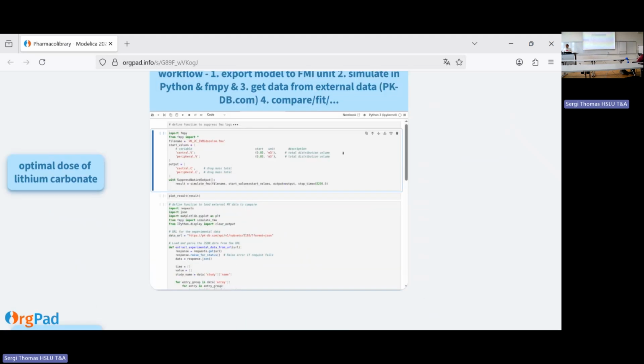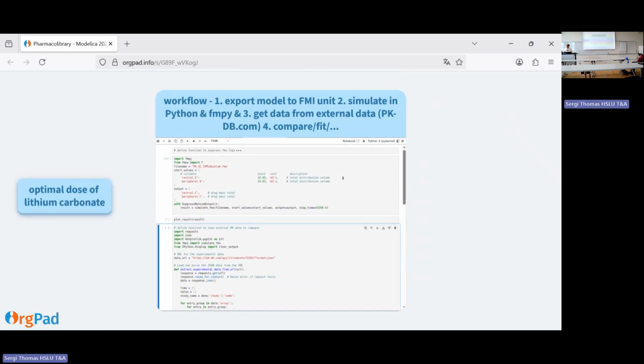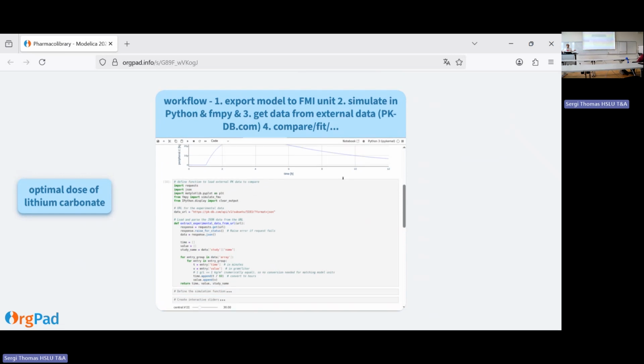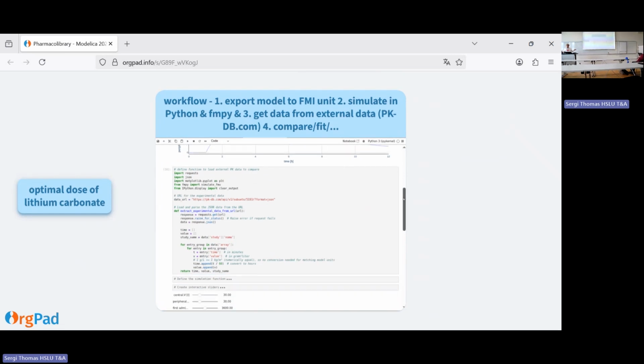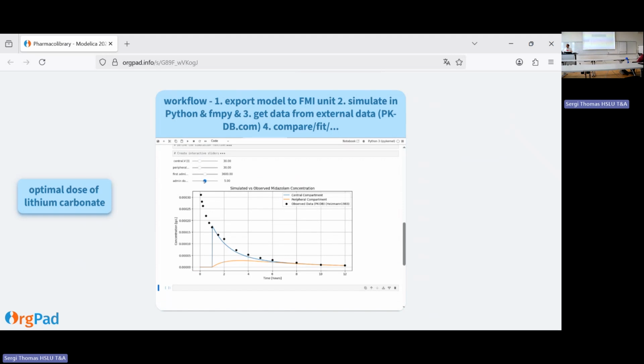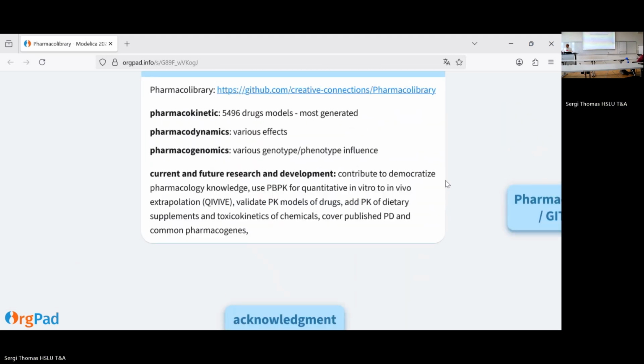So this is, again, the workflow with Python and FMI, and connection with the pharmacokinetic database. It's maintained by our colleagues in Heidelberg and Humboldt University in Berlin.